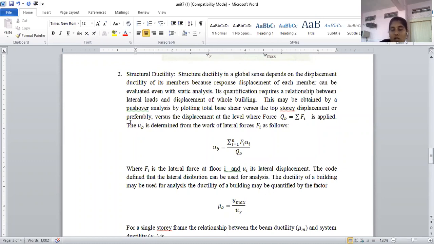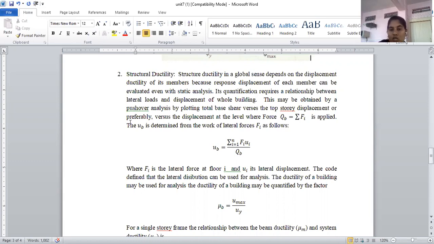Okay, means this structural ductility we have to give attention over here, because its response displacement of each member can be evaluated with the static analysis, and it is a quantification which requires the relation between the lateral loads and the displacement of the whole building.